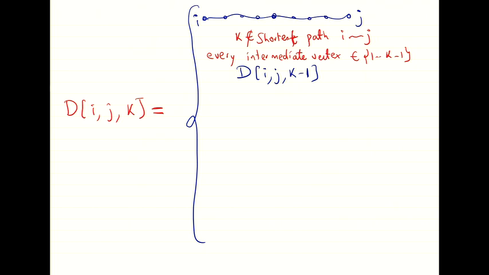Okay, so now let's look at the other case. Let me draw a line between the two cases. So what is the other case? You have the path from i, and this is the shortest path from i to j that uses vertices from 1 through k, and k is somewhere on the path.